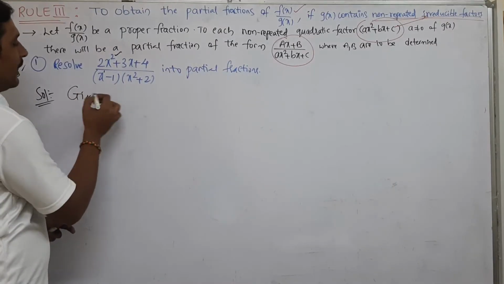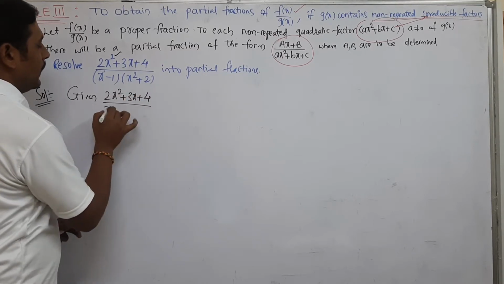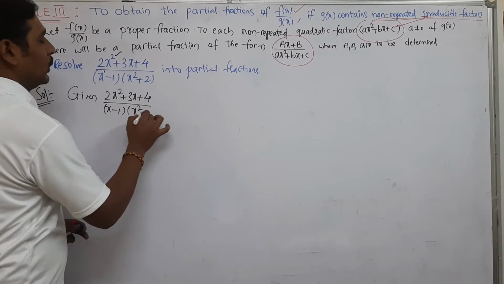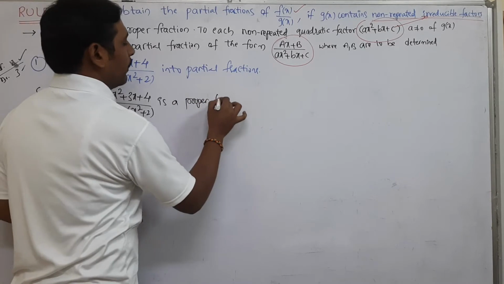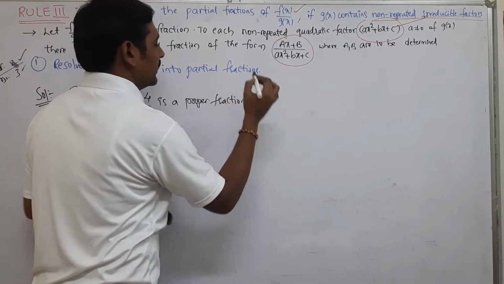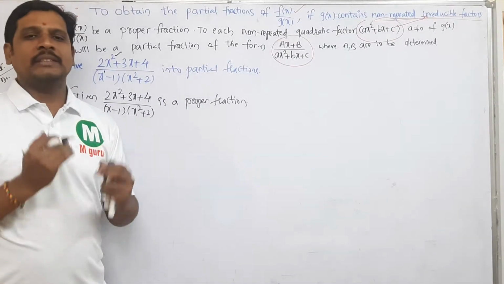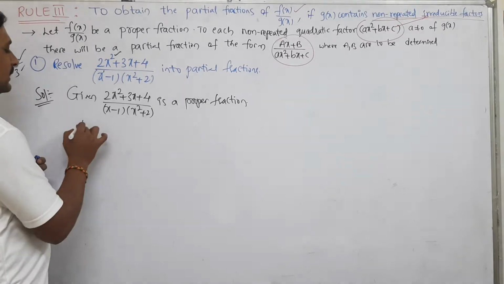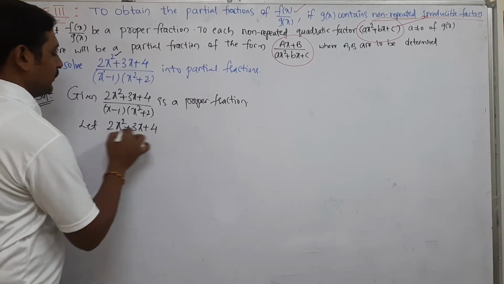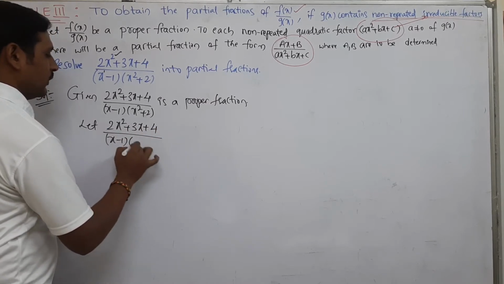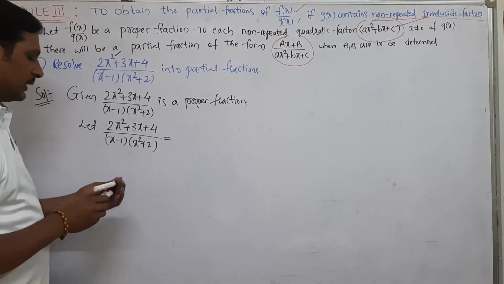So 2x square plus 3x plus 4 by x minus 1 into x square plus 2 is a proper fraction. First we identified that this is a proper fraction. Once after identifying the proper fraction, let us look at the first factor.